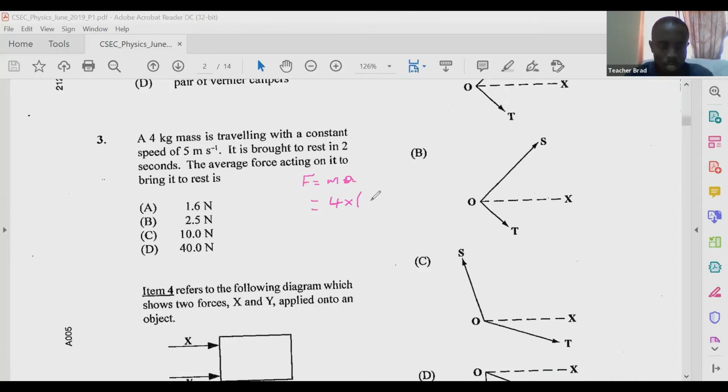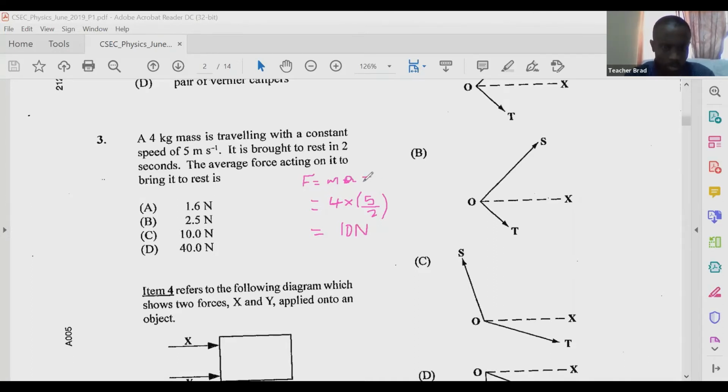So the change in velocity was 5, and that is divided by the time. And so what we get here is 10 newtons when we work that out. So your answer here is 10 newtons.